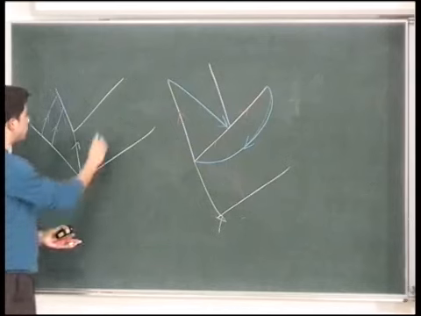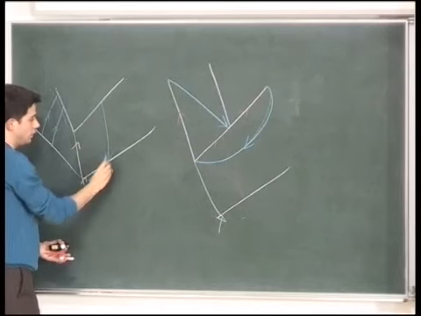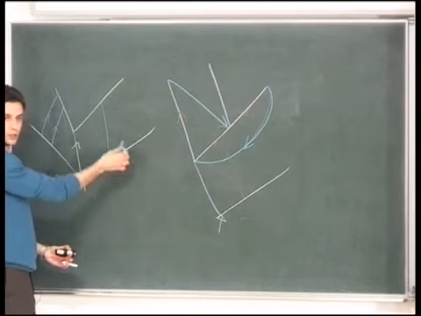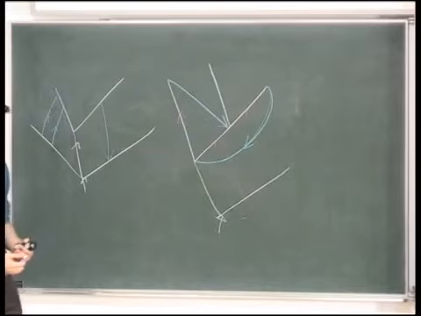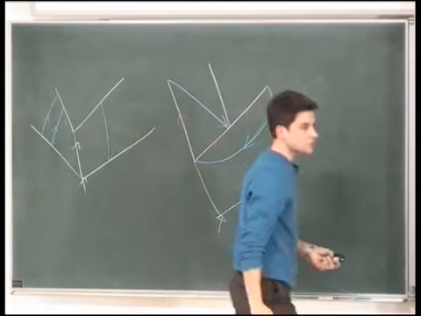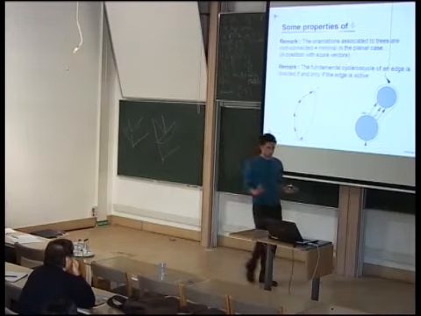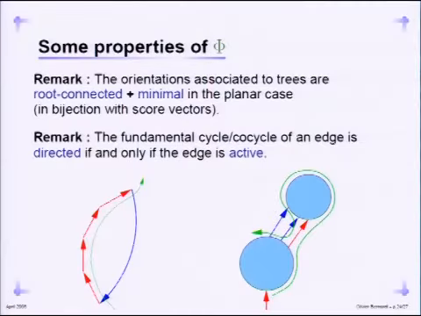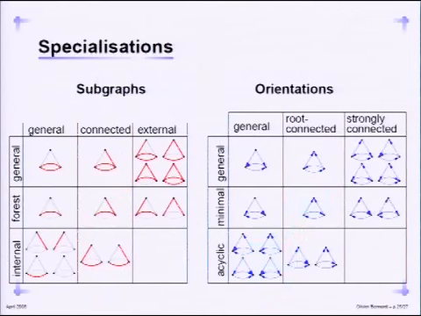But on the other hand, if it is not active, I will encounter some external edges first, and this will not be a directed cocycle. These are just some remarks to give you some intuition why this bijection has good properties, but these are the results now.